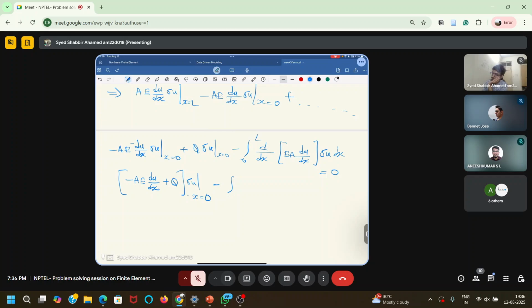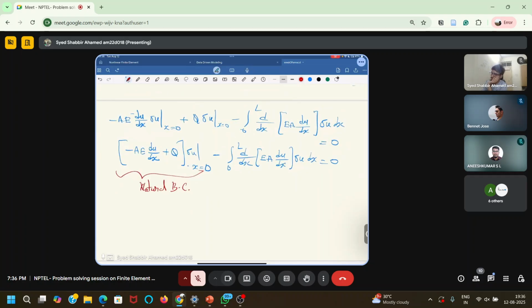LU dx is equals to 0. So this is our natural boundary condition, which has to be satisfied.